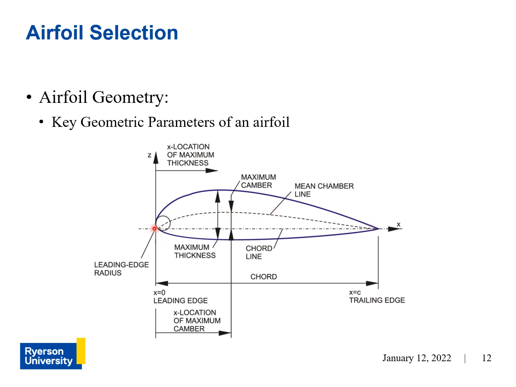The mean camber line is just the line that's equidistant from the upper and lower surfaces of the airfoil. So if you were to draw a bunch of lines here that were equidistant and tangent to each surface, and you were to find the midpoint of each line, you will get this mean camber line.